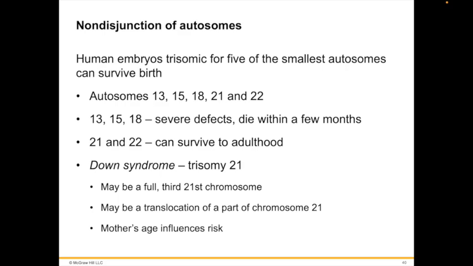There is an association between maternal age and the risk of Down syndrome. For a maternal age of 20 years, the risk of Down syndrome is 0.07%. With maternal age of 30, the risk rises to 0.1%.